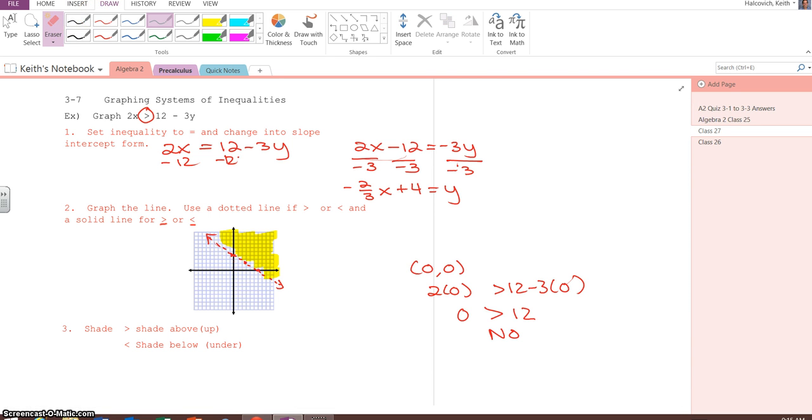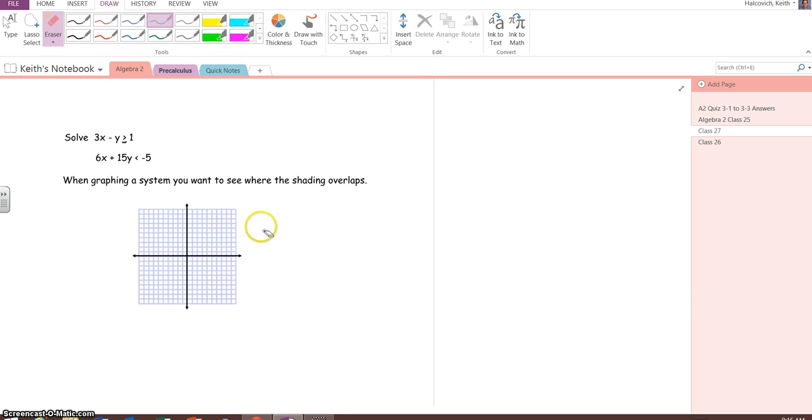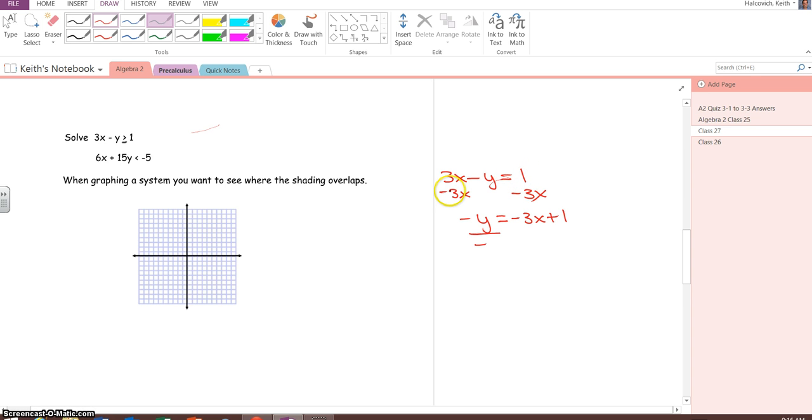All right. So next, we're going to graph a system. So when graphing a system, we want to see where the shadings overlap. So first, we're going to change it into y equals mx plus b form. So 3x minus y equals 1. We'll move the 3x over. So we get negative y equals negative 3x plus 1, and divide by negative 1.